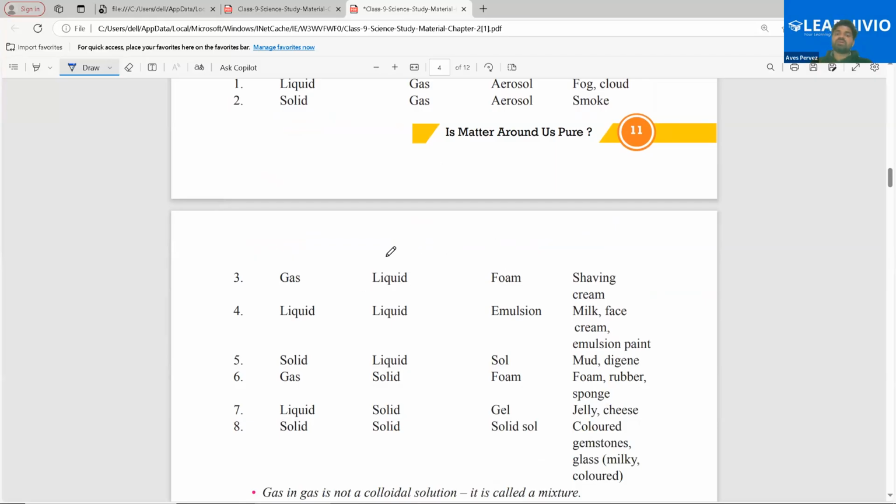Then if the liquid is there, then the solution is also liquid, like shaving cream. Liquid and liquid is called emulsion, like milk, face cream. Okay, then solid in liquid, like sol, mud and hygiene.